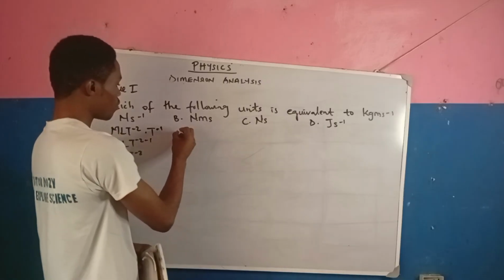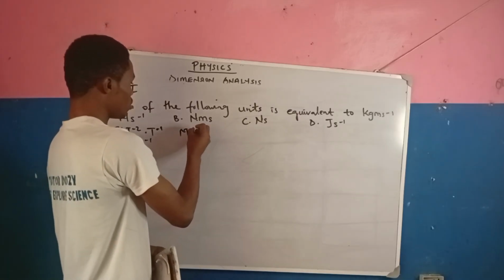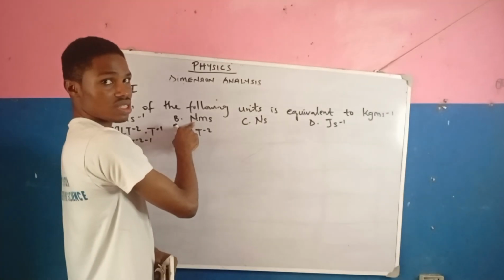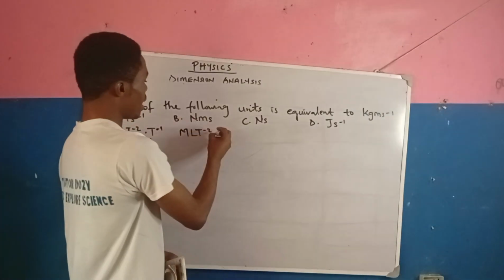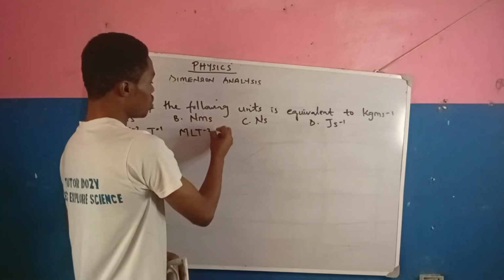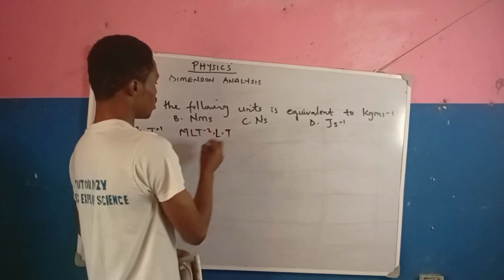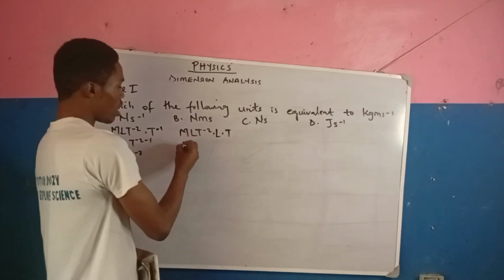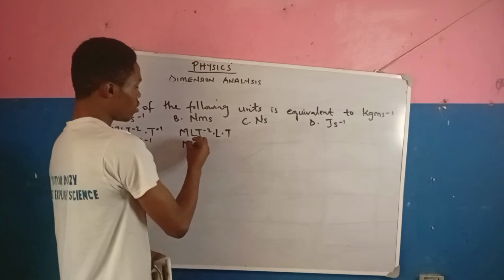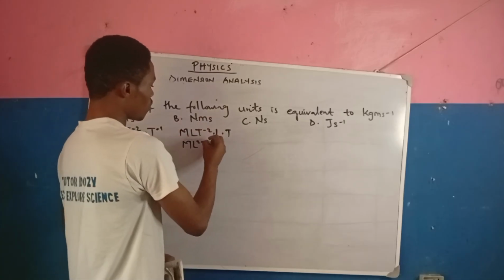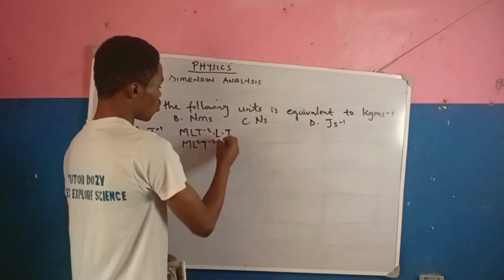For this one, we have MLT^-2 for our Newton, which is force, and L is meter, which is length, and S, seconds, is time. Combining them, we have ML^2T^-2 times T, and applying the law of indices, we have -2 plus 1.